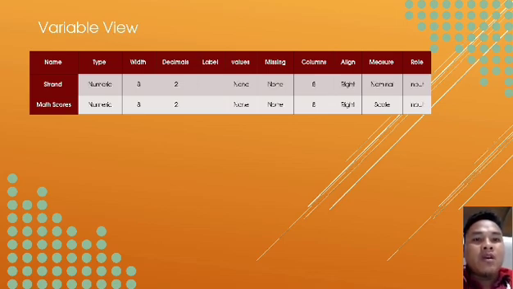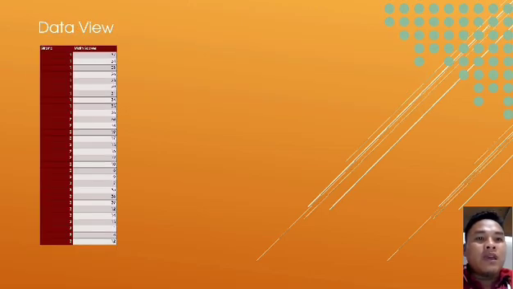On the other hand, go to Data View, and in Data View encode the strand and the score per student. So let's say there are 3 strands: strand 1, strand 2, and strand 3. For each corresponding student, you have to encode the strand and his or her score.